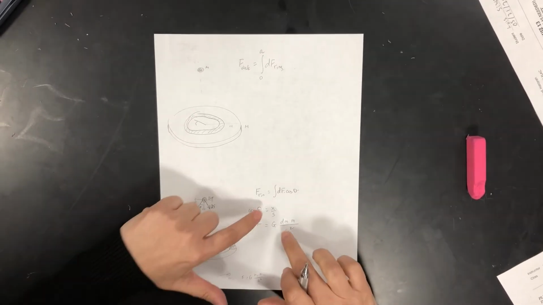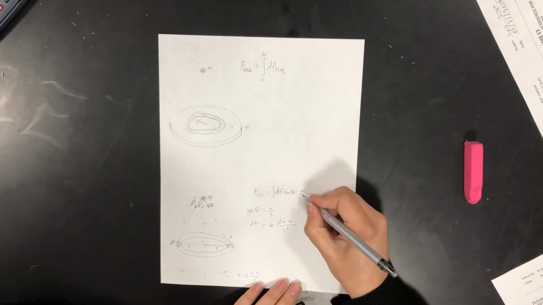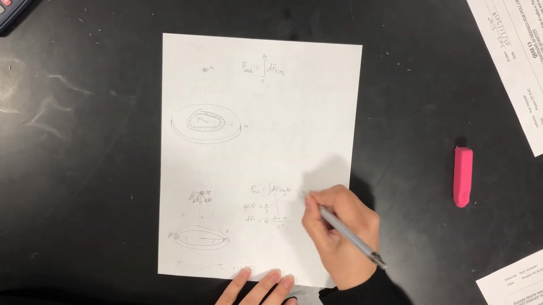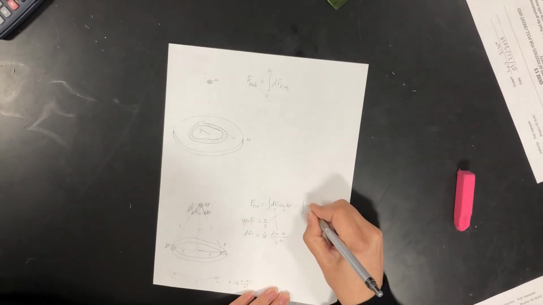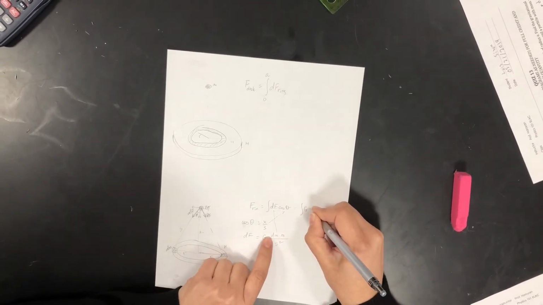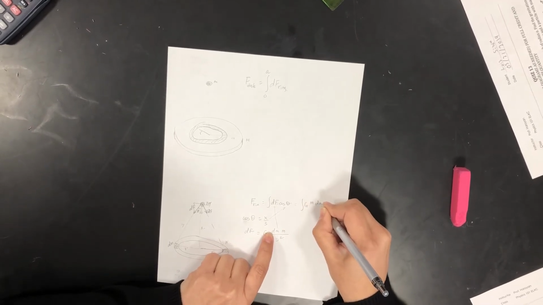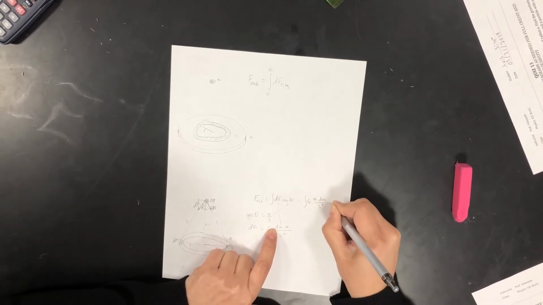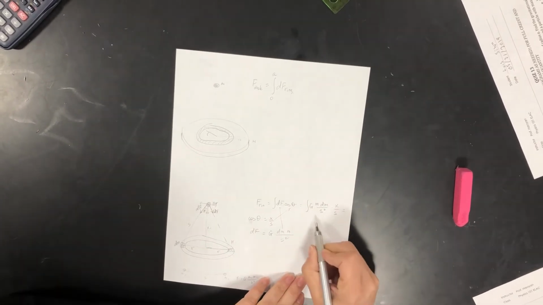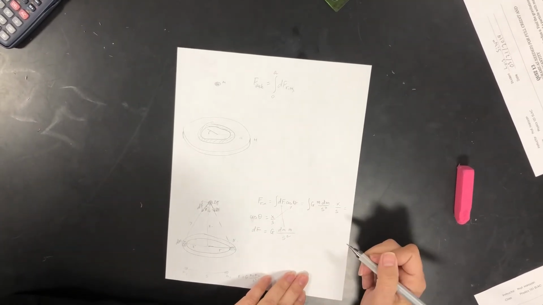Okay, so I'm going to plug these two in here. That equals the integral of G, let me bring that m in front, m dm over s squared times x over s.